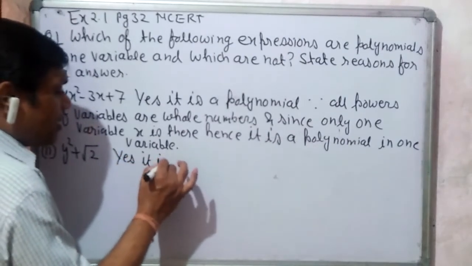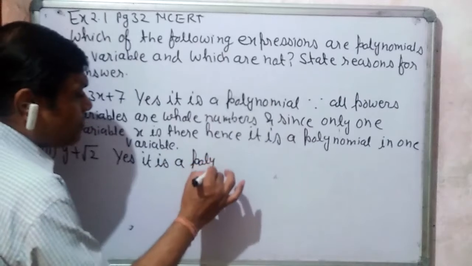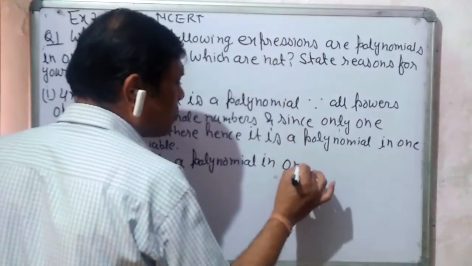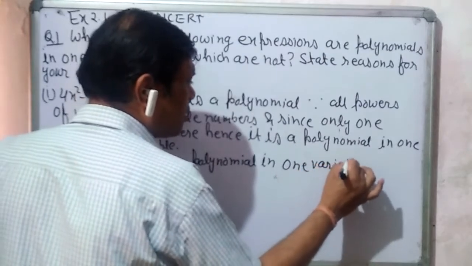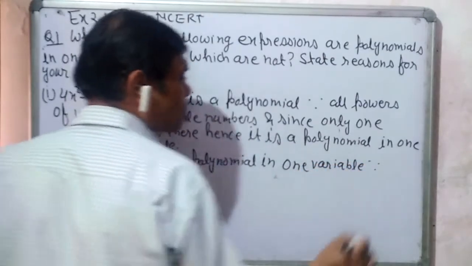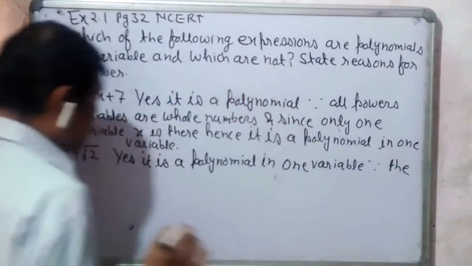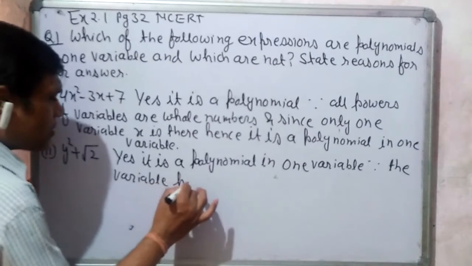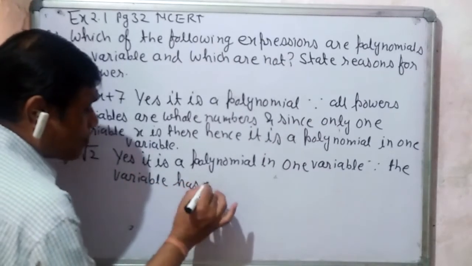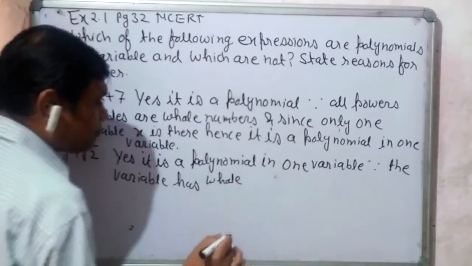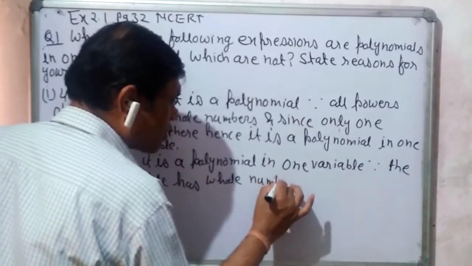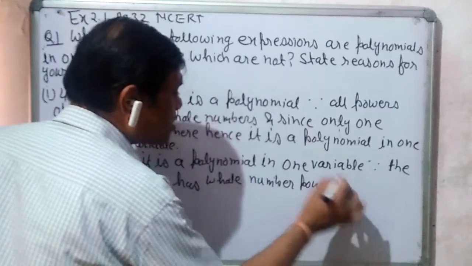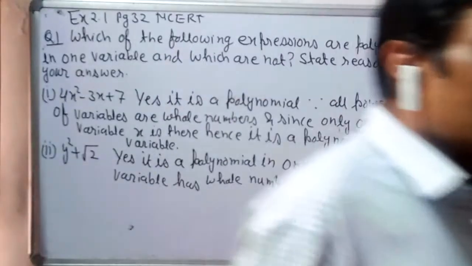Yes, it is a polynomial in one variable because the variable y has whole number powers, and there is no other variable, that also you may mention.